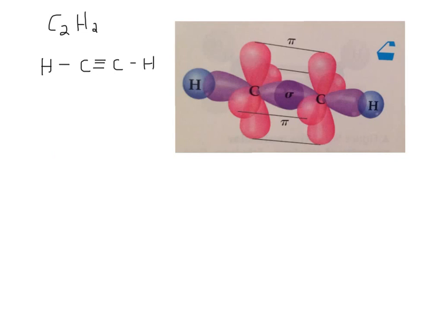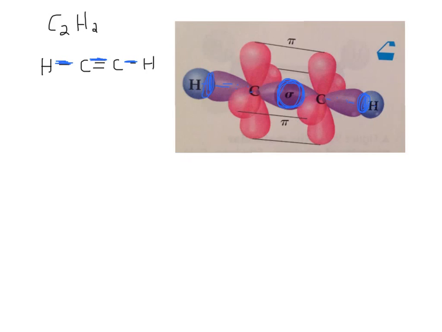Well, again, let's look at the single bonds. So that's here. These guys right here. That's this overlap right here and right here. It's happening right along the axis between the carbons and the hydrogens, right along your internuclear axis. This first pair of electrons also is right along that.